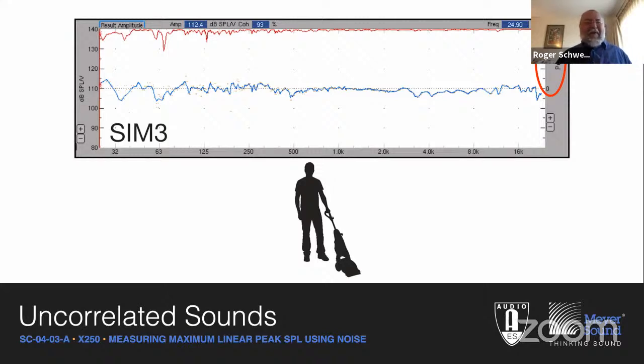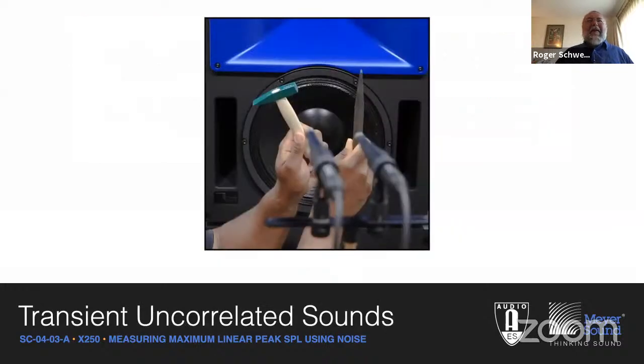I'm scheduled to show up and measure loudspeakers, and so is the cleaning crew. And coherence will show you that. Coherence will show you that there is a signal at your microphone which is not caused by the signal at your loudspeaker. So let's move on.